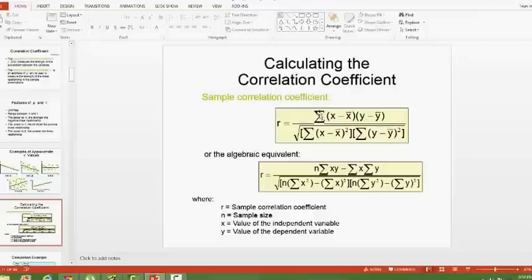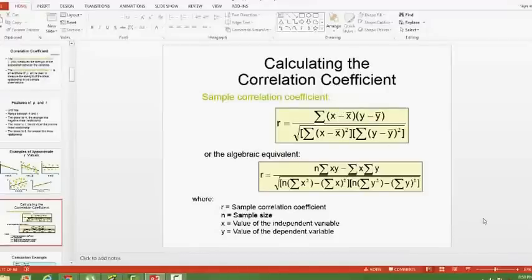This particular sign is the summation sign. Once you compute each of these values, you multiply them and take the summation. Similarly, you do the same thing here and then take the square root, and by using this formula you can compute the correlation coefficient.